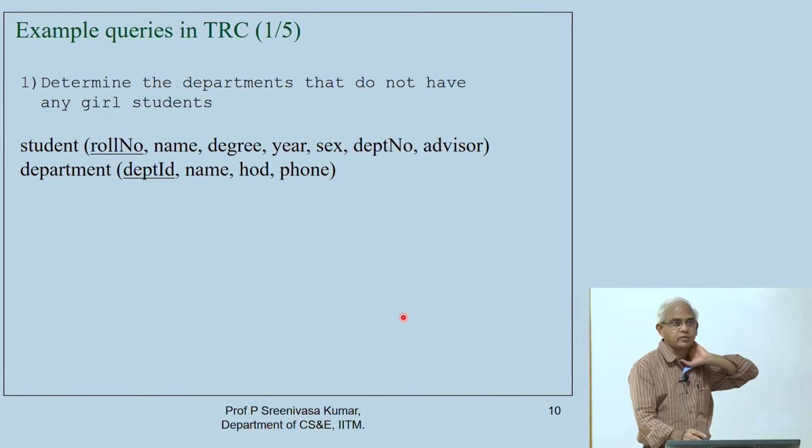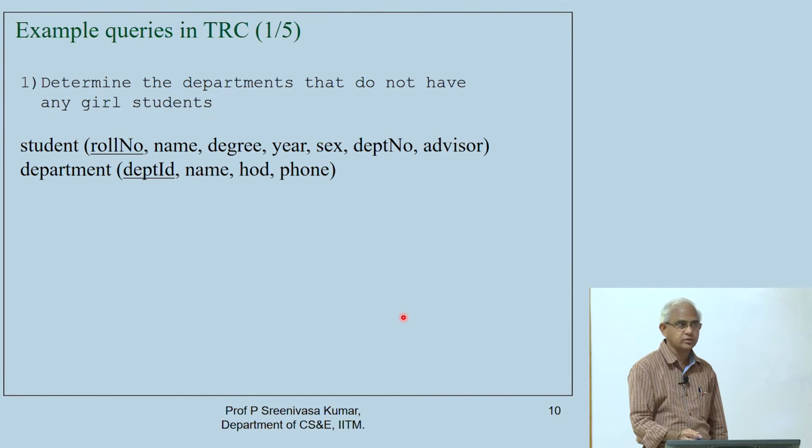How many variables do we require? There are two relations, and obviously two variables will be required. Which of them is to be free? Department has to be a free variable, and I think that is about it.